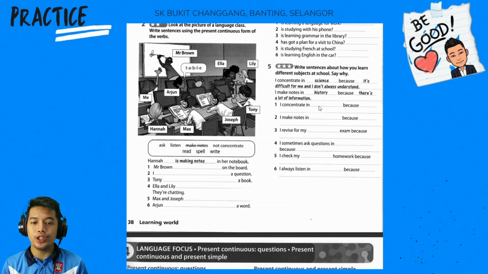So number 1, you need to write down the subjects that you have learned in school. For example, we have mathematics, we have English, we have art, seni, and then we have agama Islam, we have Arab, we have RBT. So you need to fill in the blanks here. Alright, so I hope you understand your work here.